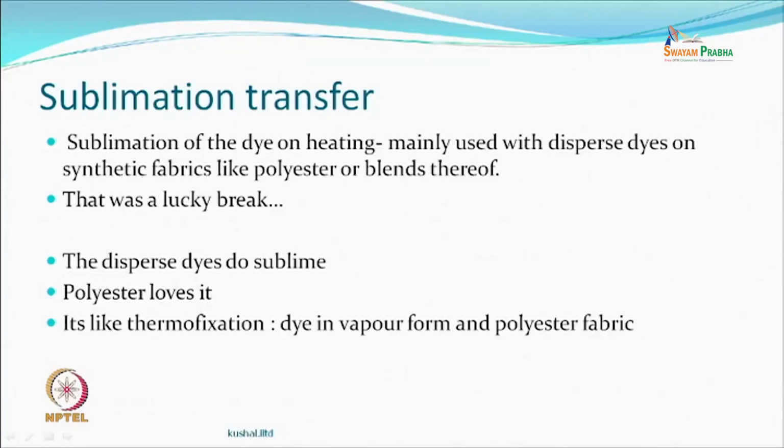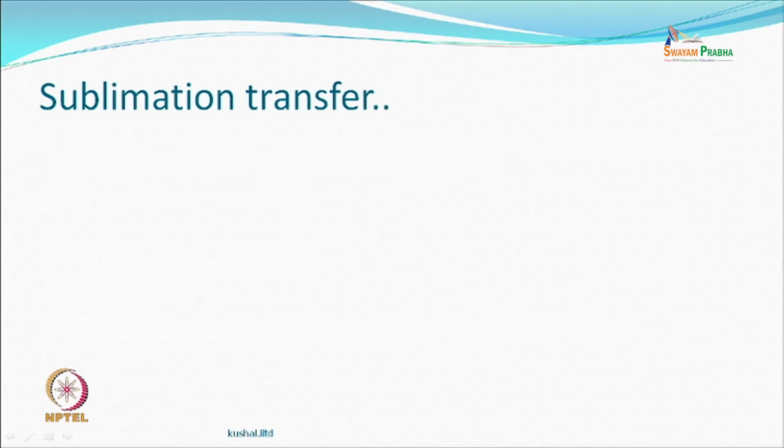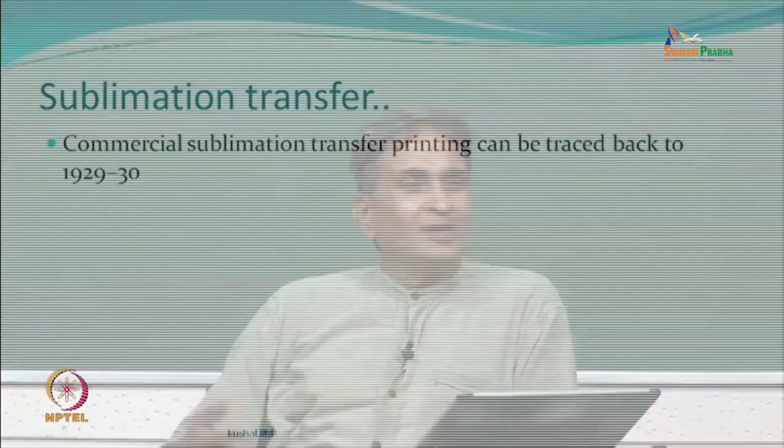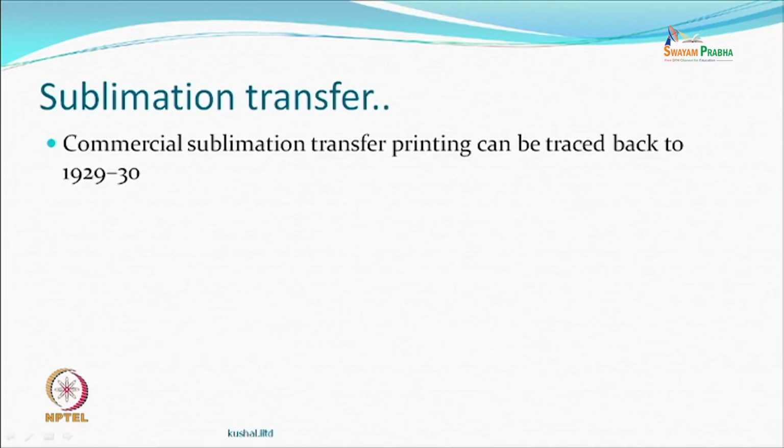And this therefore has been a commercially successful system. So I said dye is in a vapor form, which means molecular form, and polyester fabric is really in a receptive form. This is not that the concept was understood after polyester was developed. People had been thinking about things even as early as the 1930s, whether something can be done. But obviously it took time.